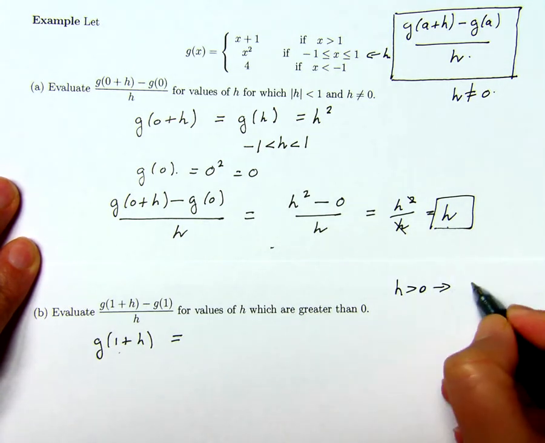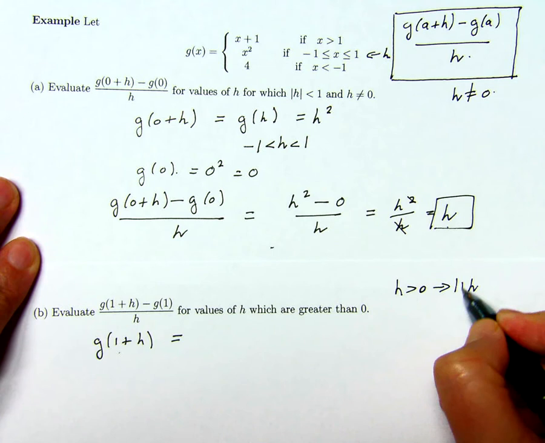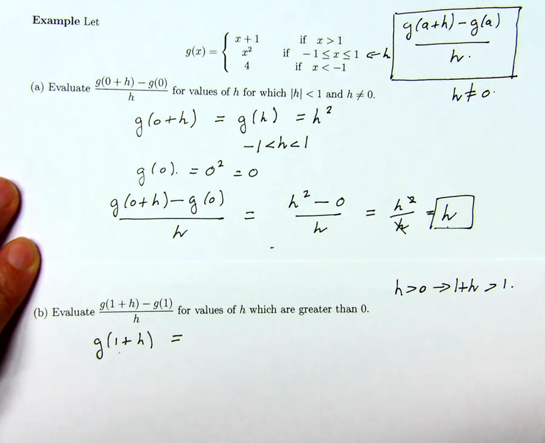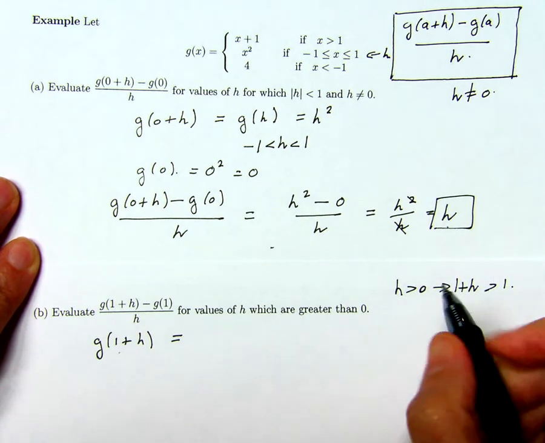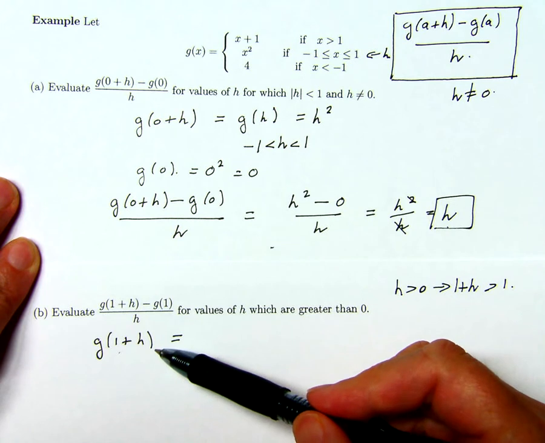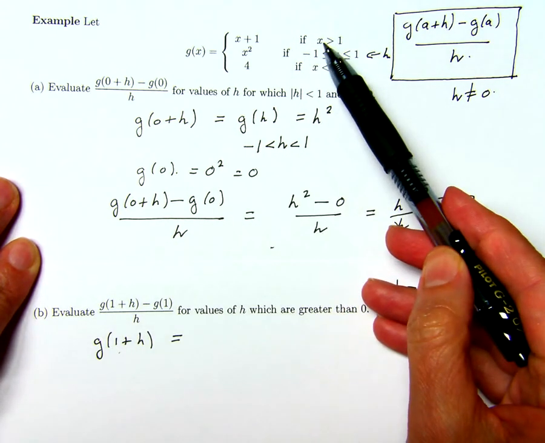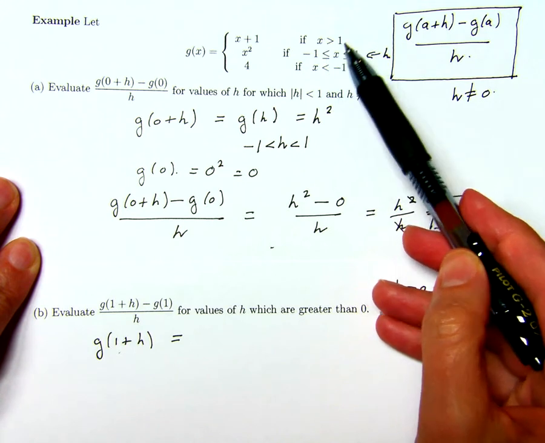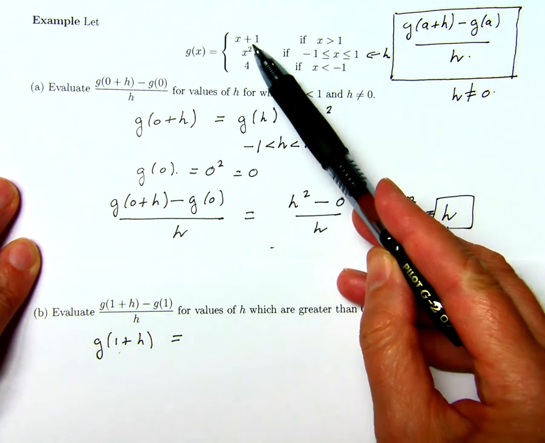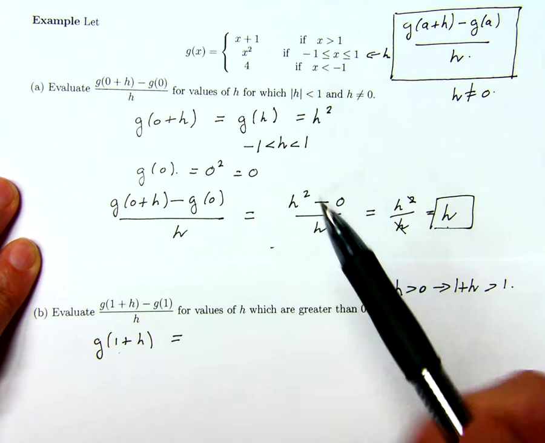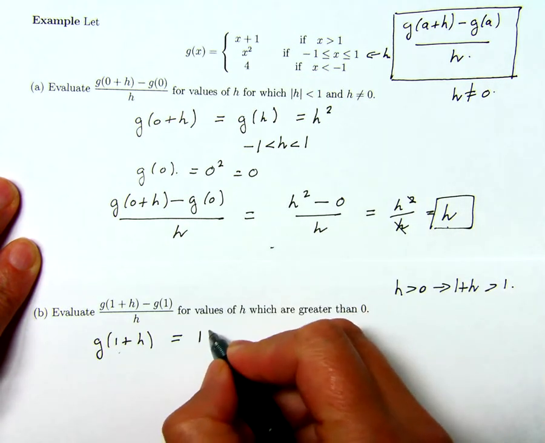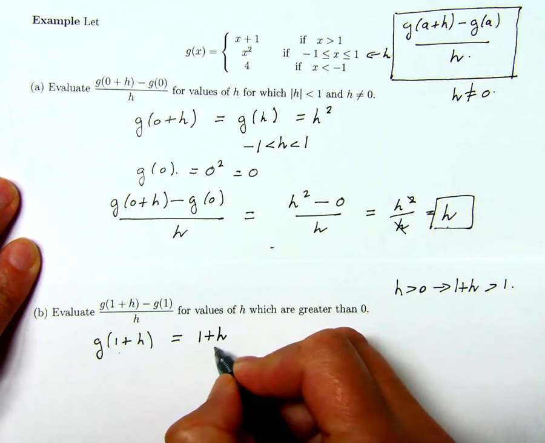this implies that 1 plus h is greater than 1. Since 1 plus h is greater than 1, and I'm going to substitute 1 plus h for x, 1 plus h is in this category. It's greater than 1, so g of 1 plus h is equal to 1 plus h itself, that's the x value, plus 1.